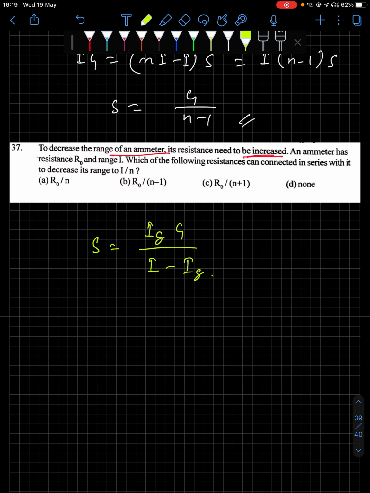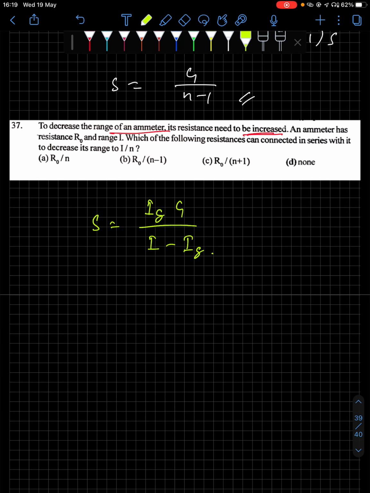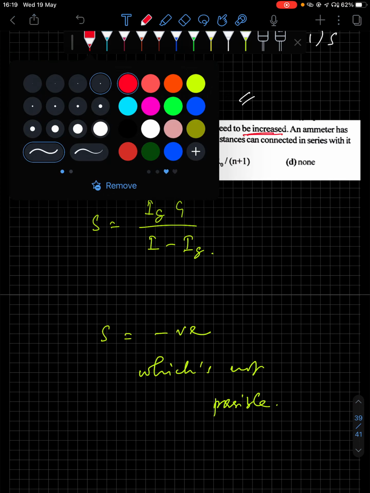And I value will decrease to I by N. In such a case, what will happen? If I decreases very low, then this will become lesser than the galvanometer current, and the denominator will become negative. So if this value becomes less than the galvanometer current, then your S will become negative, which is not possible. Therefore, your answer is option number D.